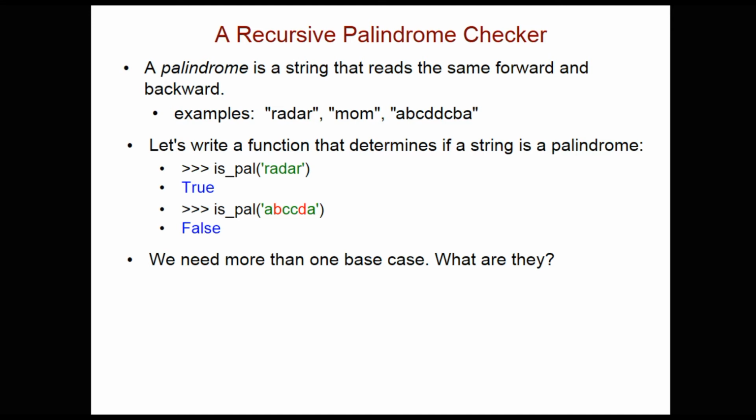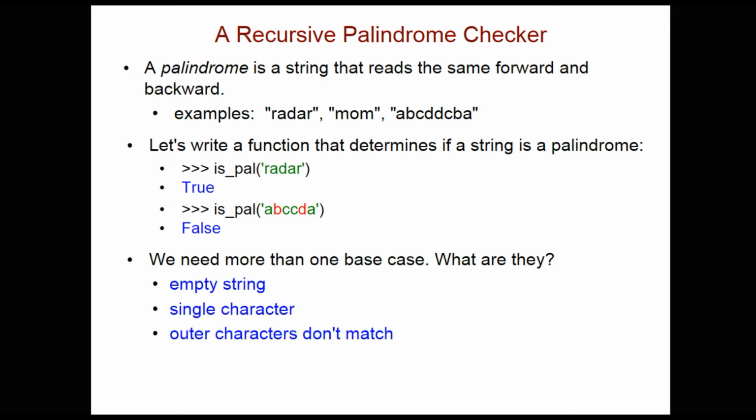Let's think about the base cases first. As we can see in these examples, we have three base cases. We have an empty string, obviously it is a palindrome. If we have a single character, it is a palindrome too because it is the same forward and backward.